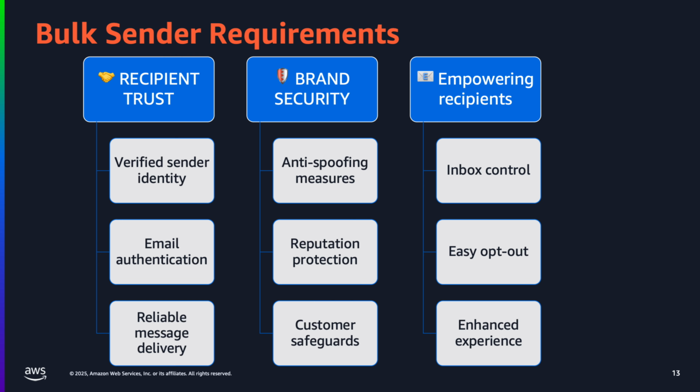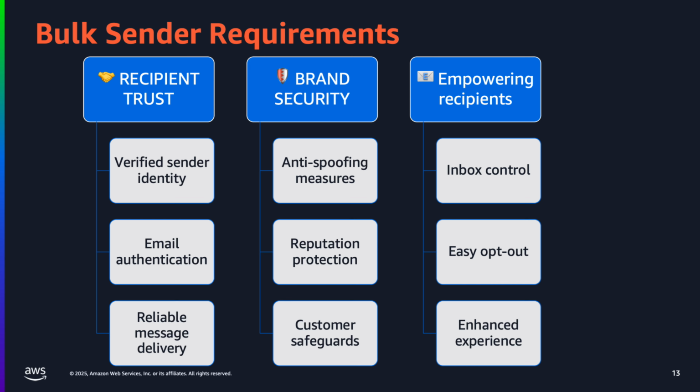The goals of these requirements focus on three main areas. First, building recipient trust. By aligning with authentication standards, recipients can be confident that messages passed to them by their mailbox providers are from who they say they are and not from a bad actor trying to impersonate a brand. Second, strengthening brand security.